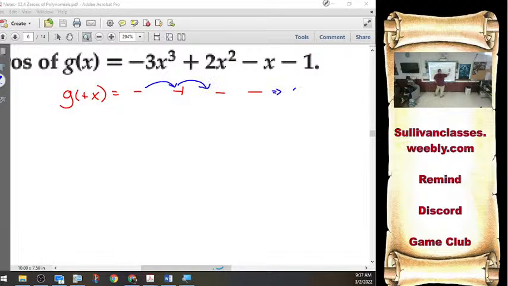So I'm going to say that there's 2, bring it down in pairs, or 0 possible positive real zeros. So if there were 4 there, I would have said 4 or 2 or 0. If there were 5, I would have said 5 or 3 or 1. Got to be careful how I count here.